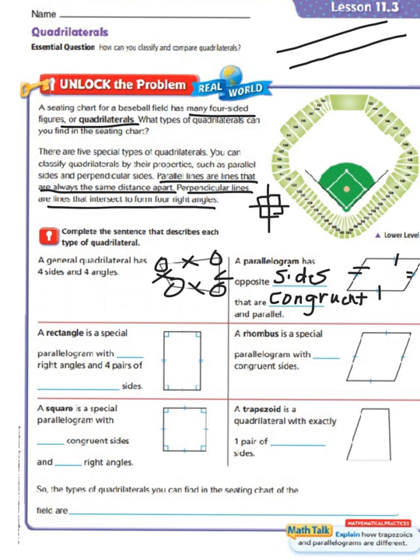Now another type of parallelogram, remember this was the first one, a parallelogram. Another type of quadrilateral is a rectangle. This is a special parallelogram with 4 right angles and 4 pairs of perpendicular sides.